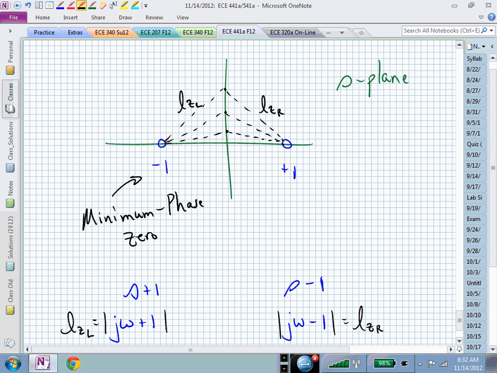My magnitude doesn't change whether I have a right half plane 0 or a left half plane 0, but what's happening to the phase? If I look at the phase, let's just look at one frequency. Let's just say this is the phase. Let me call that theta sub z left. And now what's the phase in the right half plane? Theta sub z r.